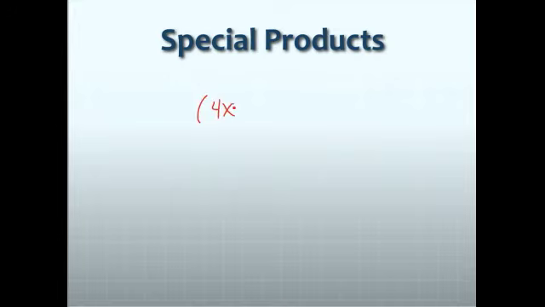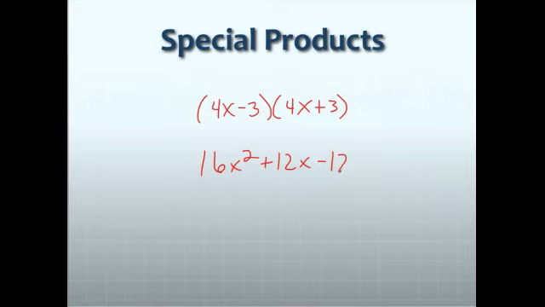This brings us to that third example, which is actually called the difference of squares. And that's one that's not squared, but looks like this. We have 4x minus 3 times 4x plus 3. Now if we were to go through FOIL, that would give us 16x squared. That would give us 12x. Then we get negative 12x, and then negative 9.